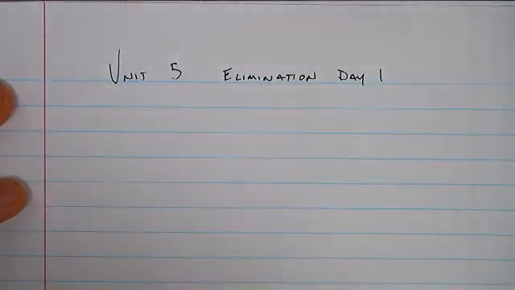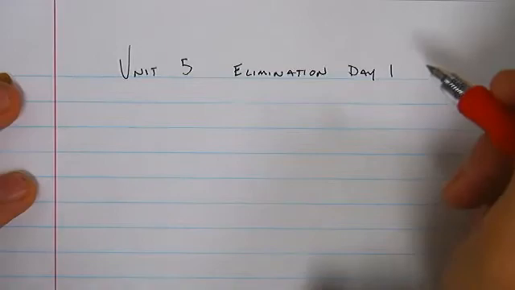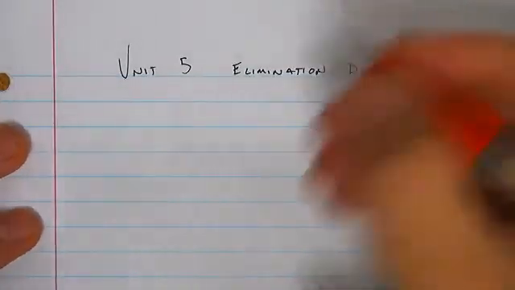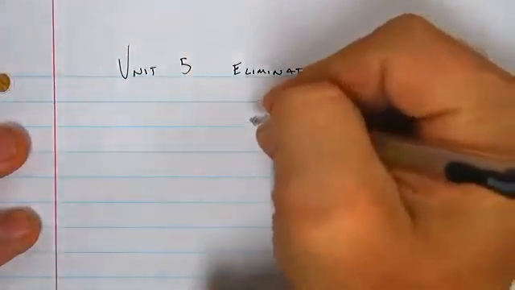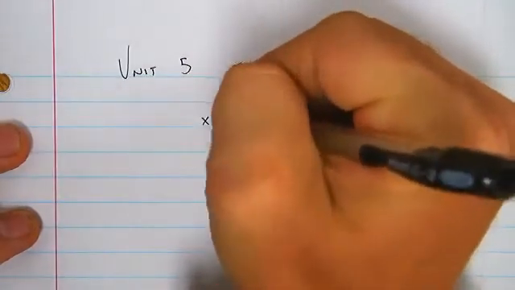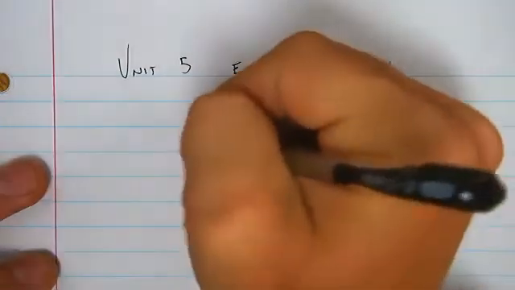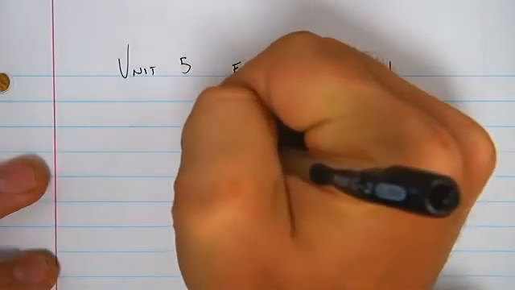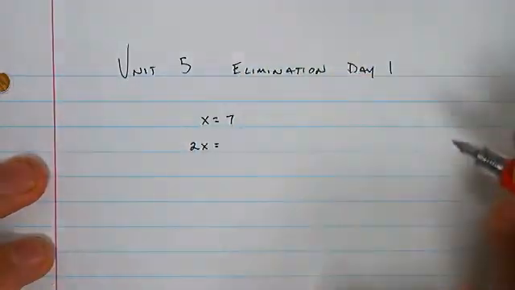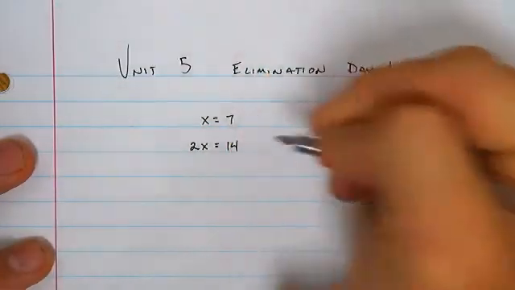And so to set this up for us, we kind of just have to explore the relationship of equations. So for instance, if I have x equals 7, and then I said, well, what is 2x equal to? Most of us quickly would say 14.